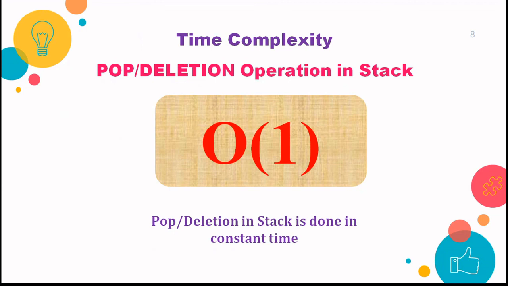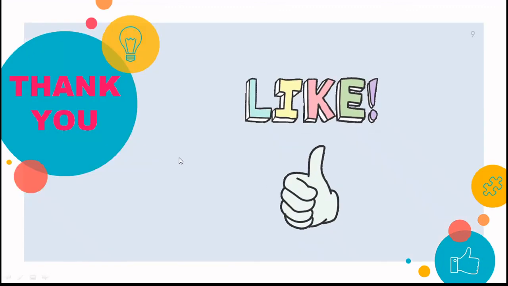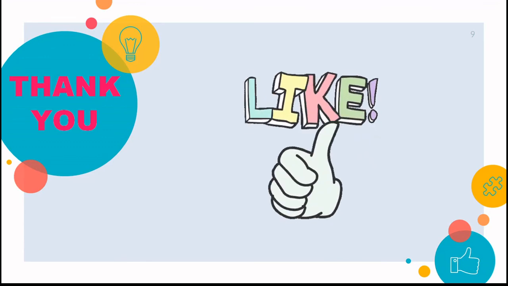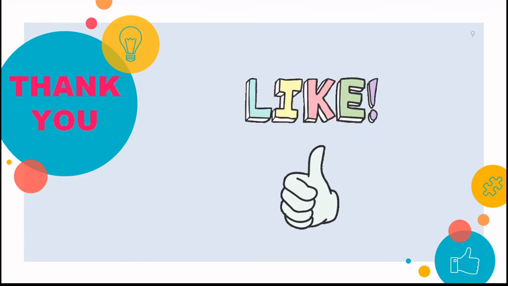So this is going to take only a constant amount of time, and that constant amount of time is denoted by big O of 1. When you understand the concept of time complexity, you will better understand why we are writing this, right? So this was all about the deletion, or pop operation, in stack.